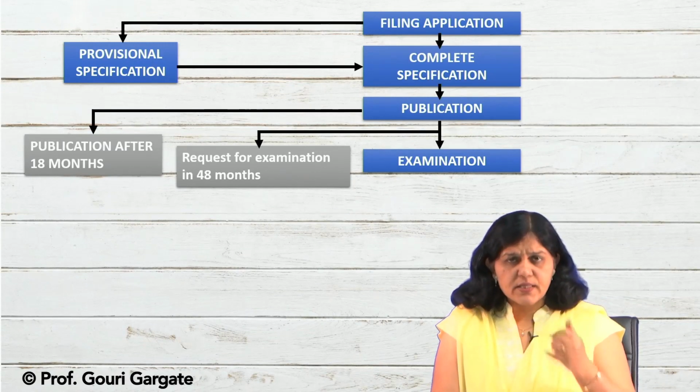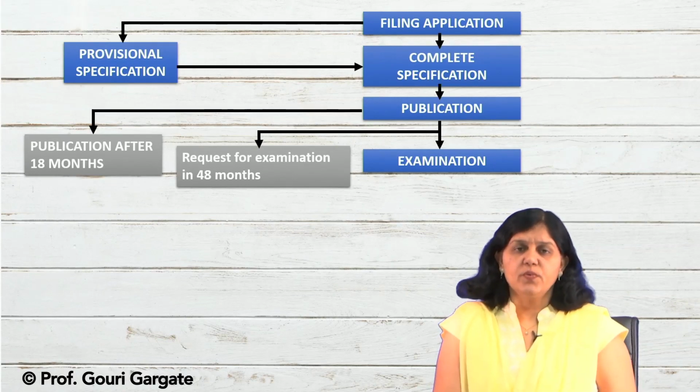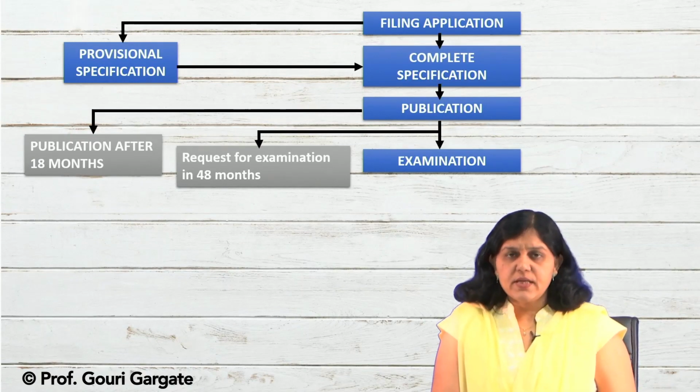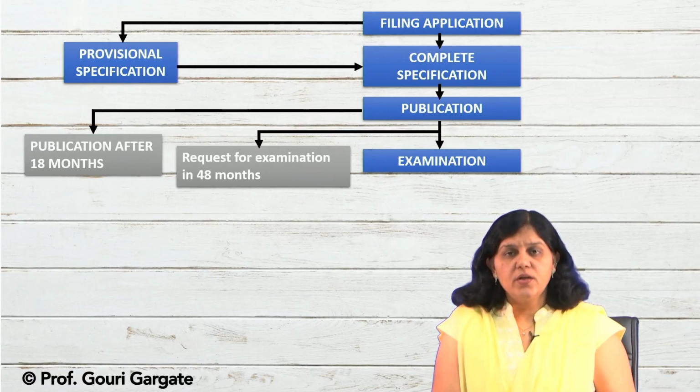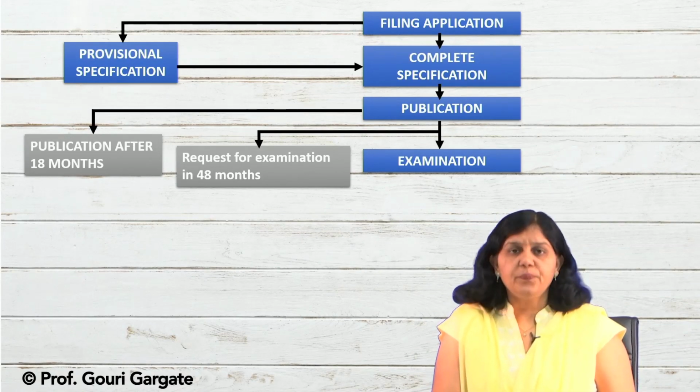All these things will be checked, and based on that a detailed first examination report will be issued by the examiner. Nowadays everything is online, so you will get an email from the patent office, and the first examination report will come as an attachment to the email.